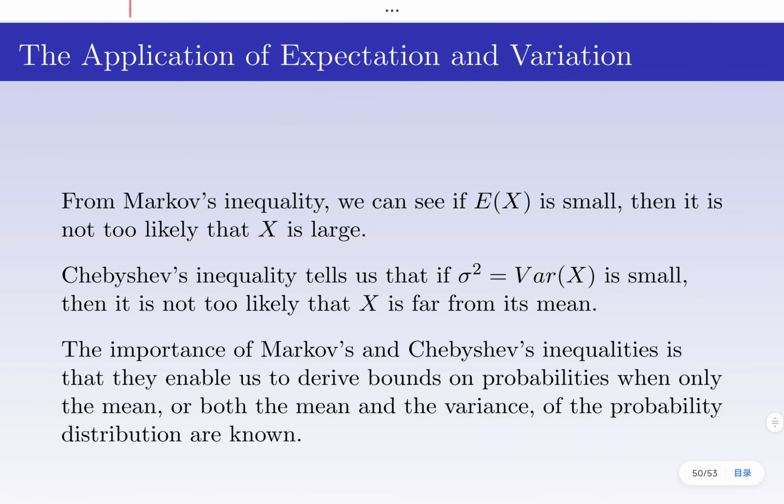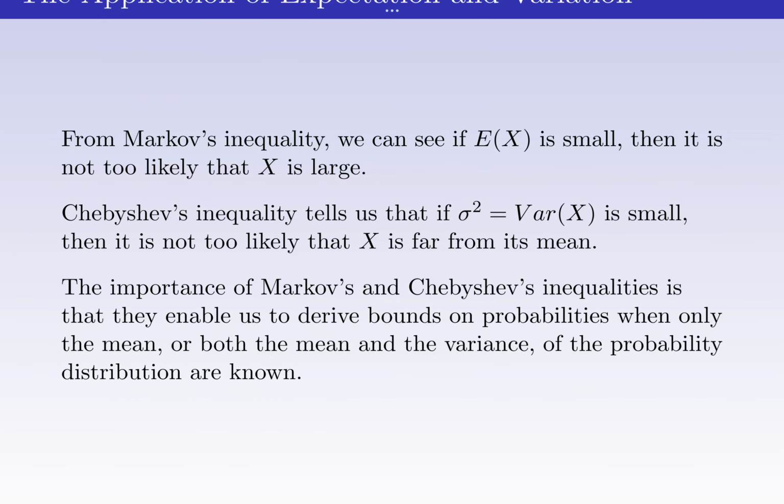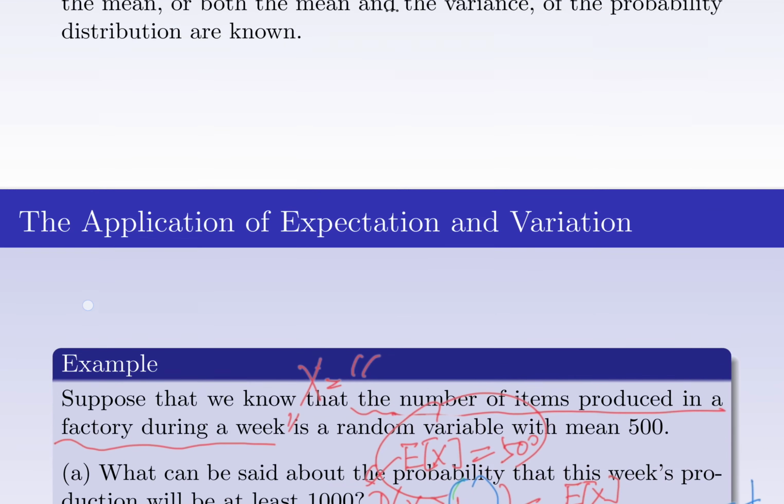The importance of these inequalities is that they enable us to derive bounds on probabilities when only the mean, or both the mean and the variance, of the probability distribution are known.